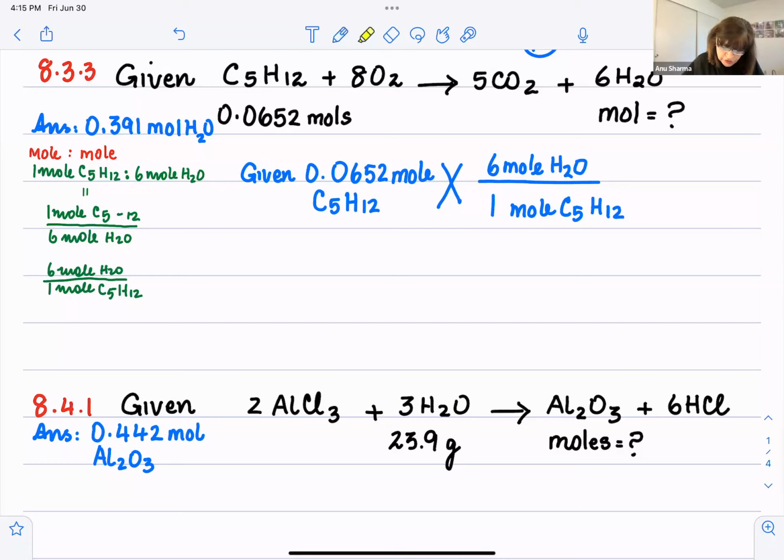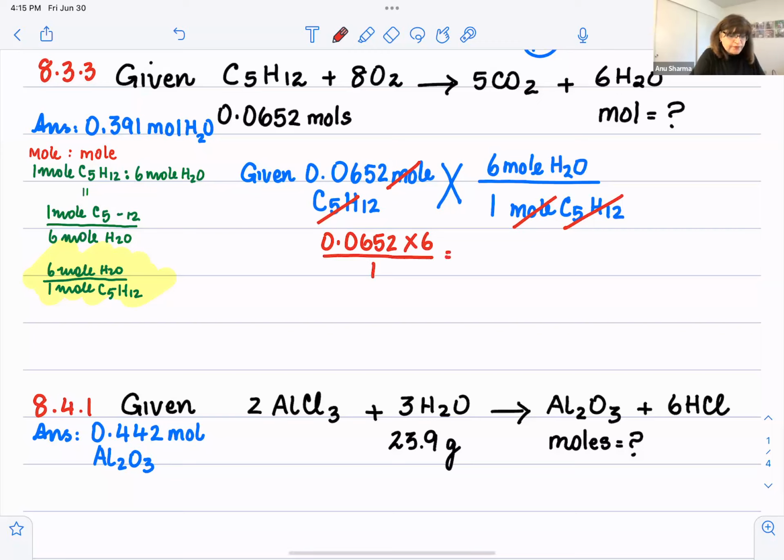So we are going to use this conversion factor in which the moles of water is on the top, or in the numerator, so that the moles of C5H12 cancel out. So what is left now? What is left is 0.0652 times 6, divided by 1.